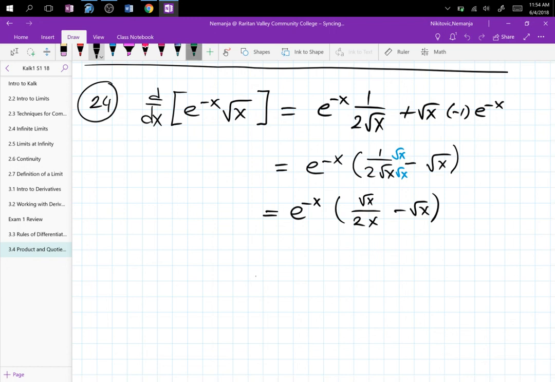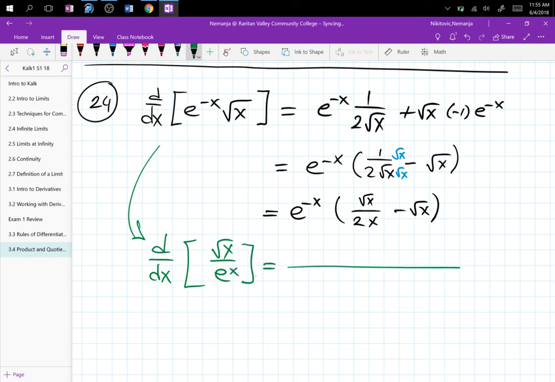Now let's do the same problem using the quotient rule, because we know that the negative exponents would go in the denominator as positive exponents. So now if we use the quotient rule, the denominator becomes e to the 2x, and then e to the x times 1 over 2 root x minus root x times e to the x.